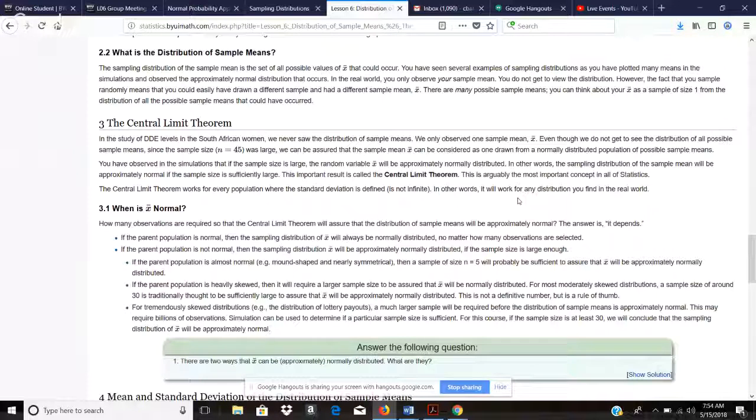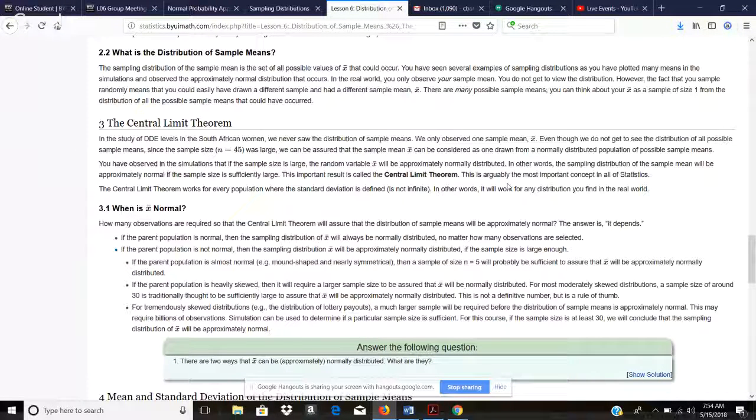The central limit theorem works for every population when the standard deviation is defined. In other words, it will work for any distribution you find in the real world. So it says the sampling distribution of the sample mean will be approximately normal if the sample size is sufficiently large.